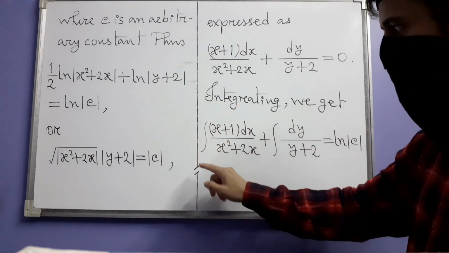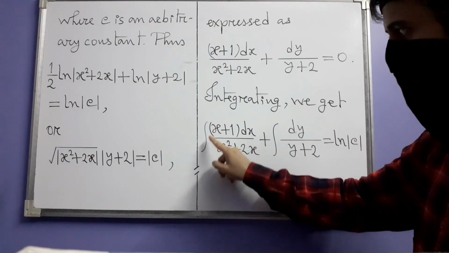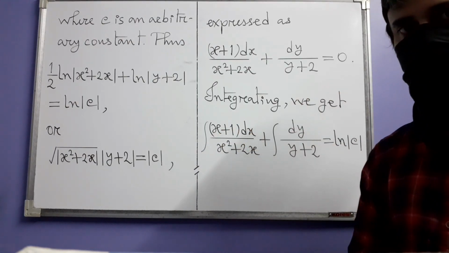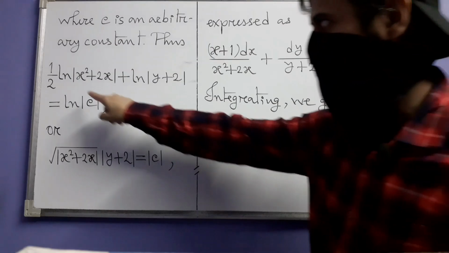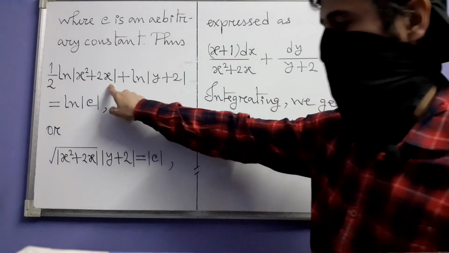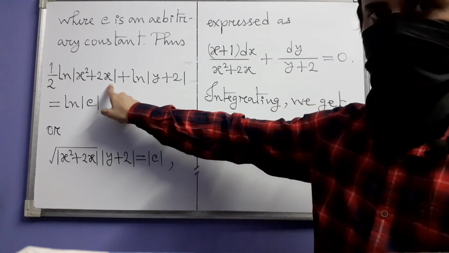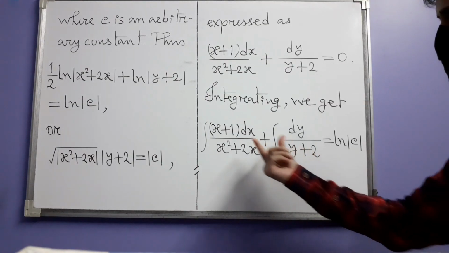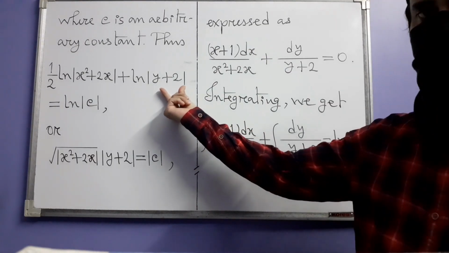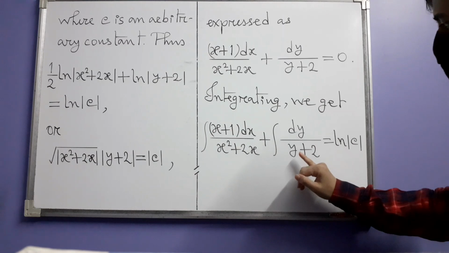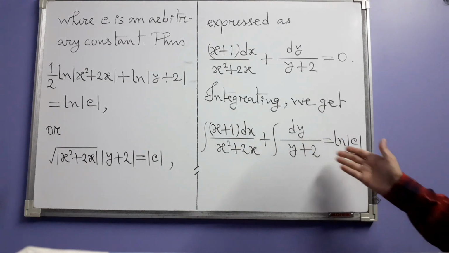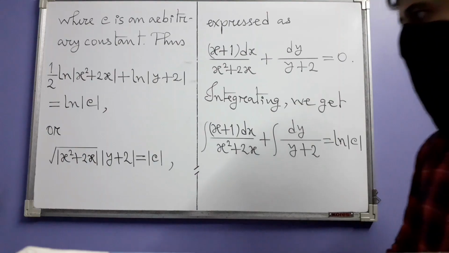So 1/2 times the integral of (2x + 2) dx / (x² + 2x), and that you already know is ln|x² + 2x|. 1/2 is outside. This one is just directly ln|y + 2|. That is because the differential of y + 2 is just dy. And on the right hand side, of course, you have this.